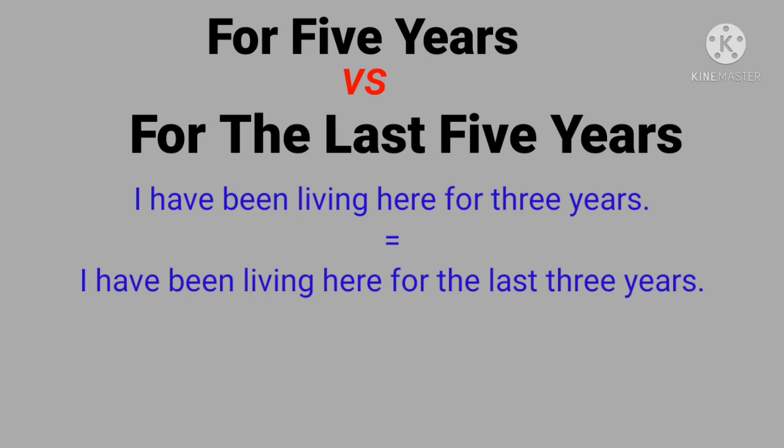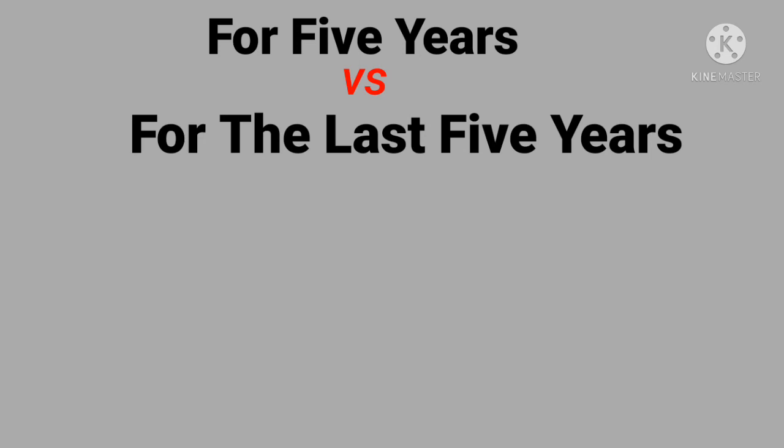And one more thing I'd like to add: if you are using a stative verb, don't use the present perfect continuous tense. Use the present perfect instead, but use "for the last" plus period of time. This way you are safe. You are not going to confuse people.